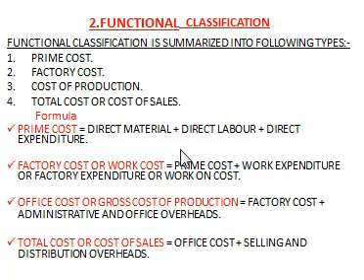Then you get what is called the factory cost. If you look at the office cost or gross cost of production, we are having our factory cost, that is the cost of goods manufactured, plus administrative cost, plus our office overhead, or the selling and distribution are also added here.